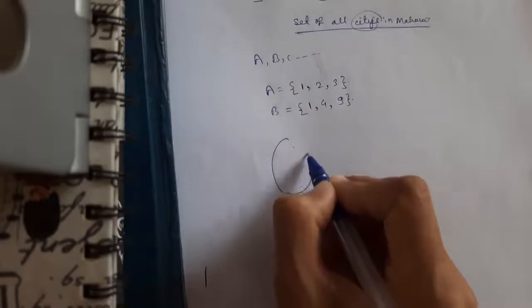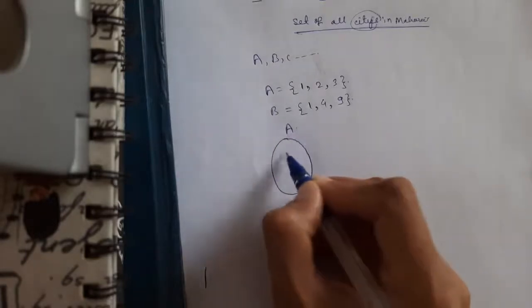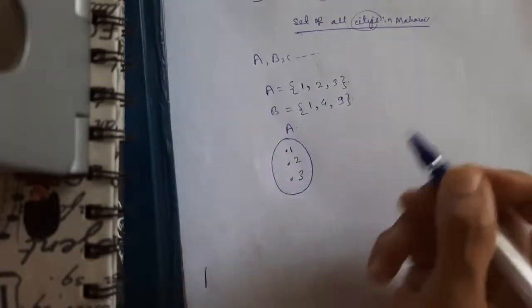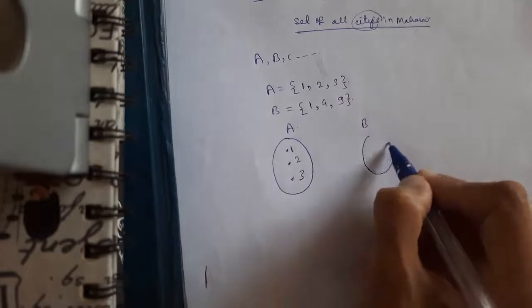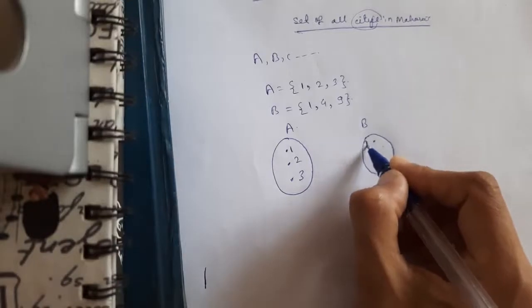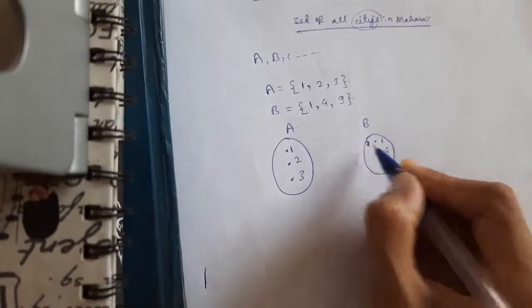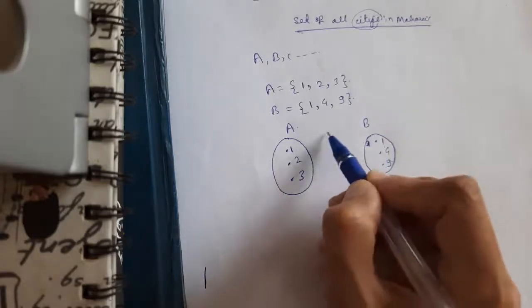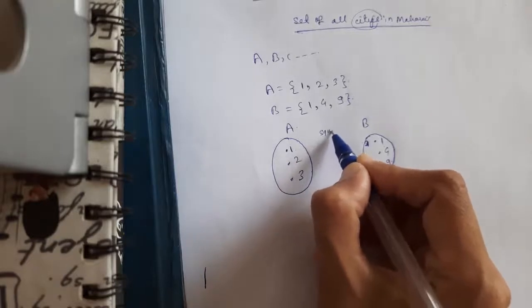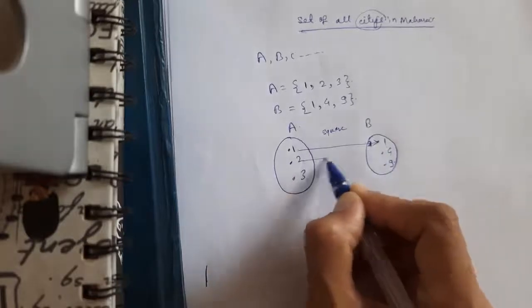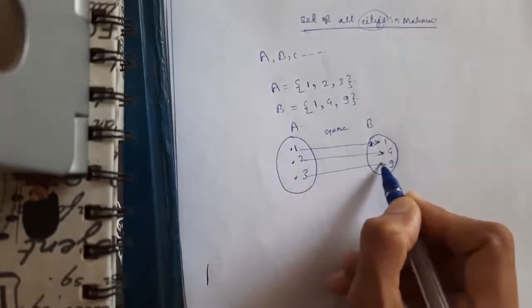So now from a Venn diagram I can represent this. It is like A. How many elements are there? 3 elements. So 1, 2, 3. And B is the second set, which is 1, 4, 9. Now if I connect these two with the square term, suppose I want to take 1 square is 1, 2 square is 4, 3 square is 9.